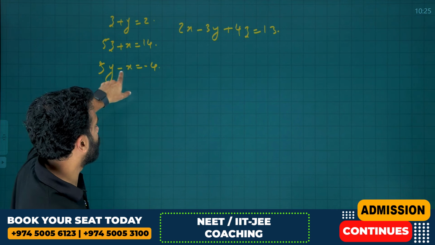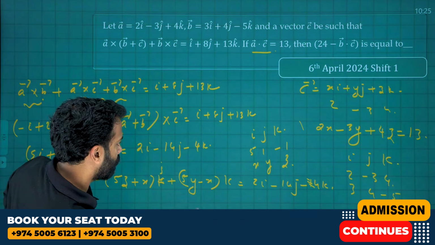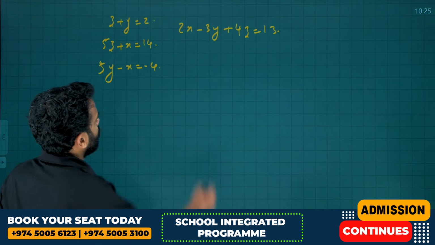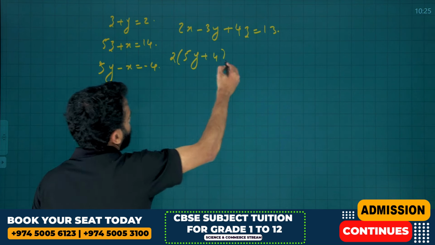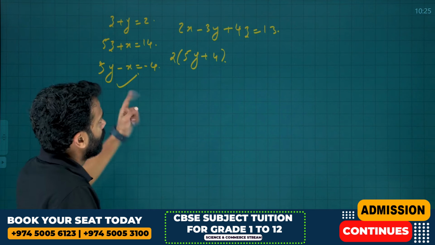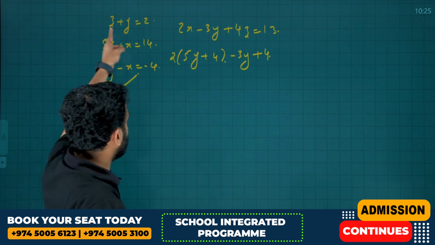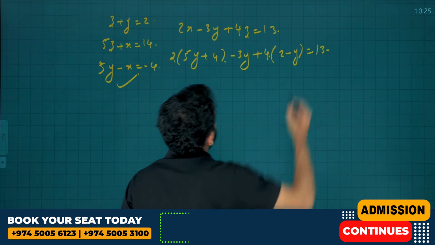So what is x here? x is 5y plus 4, right? Therefore, it will be 2 into 5y plus 4, that is what x is from this equation, minus 3y plus 4 into z, which is 2 minus y, equal to 13.